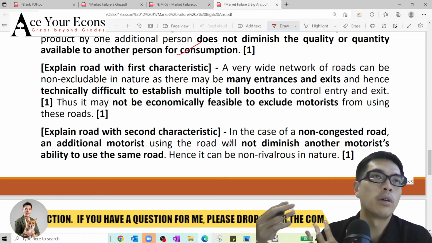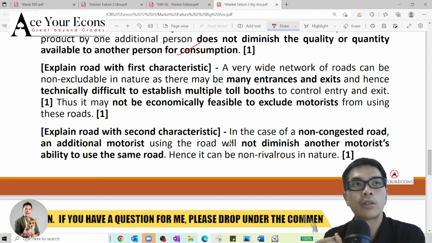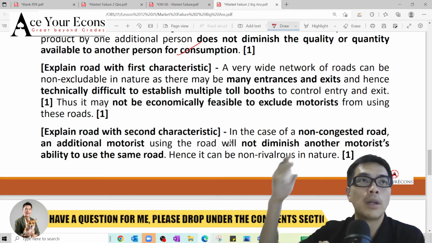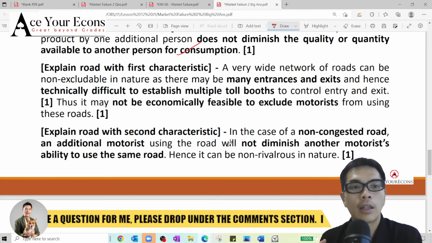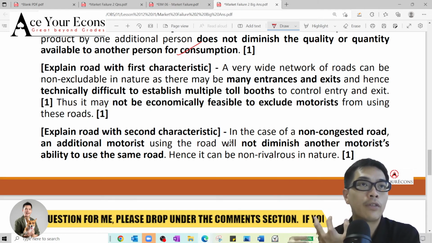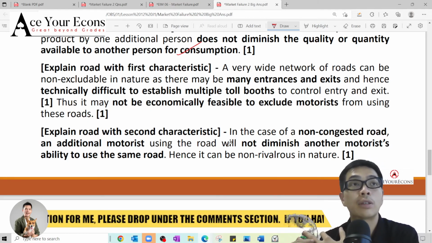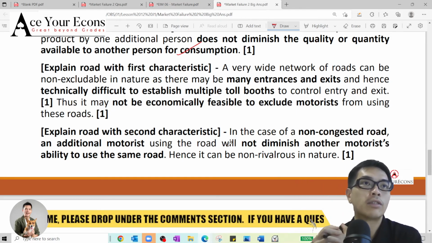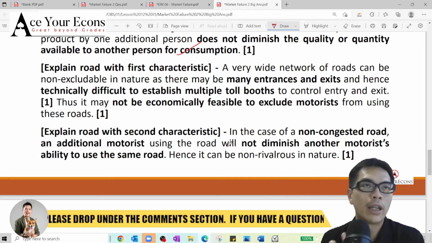difficult to impose a fee. What could have caused it to be difficult to impose a fee? It may illustrate that the country may be sufficiently large. Or you can talk about the road being a very huge, wide network.